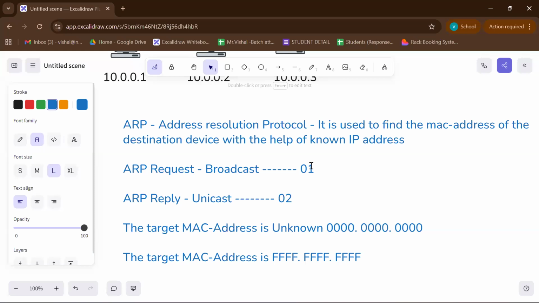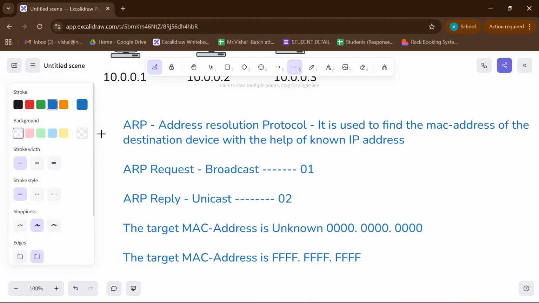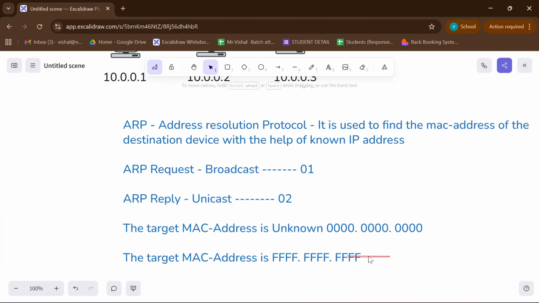Both cases are in broadcast only, but it depends on the header. I'm asking in which header you will find this information. So in our header, where will we find all F?